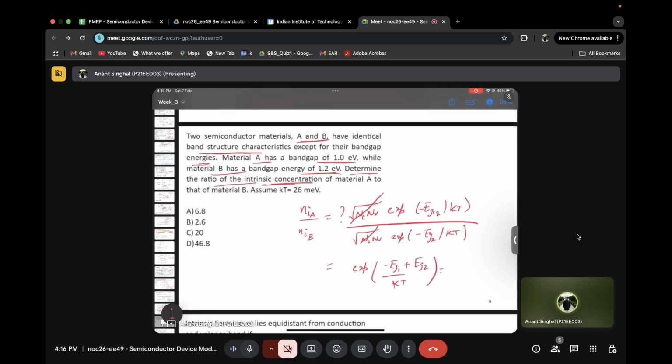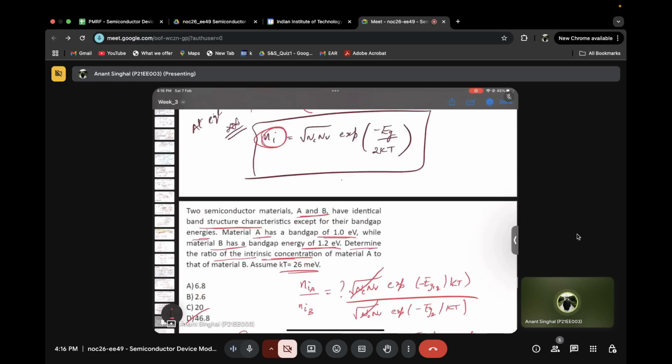And we already know the values, so it should be exponential of minus 1.0 plus 1.2 over 2kT. So this should be e raised to the power 0.2 divided by 0.026, because we have been given this. This should be the answer, which is 46.8, option D is the right answer.